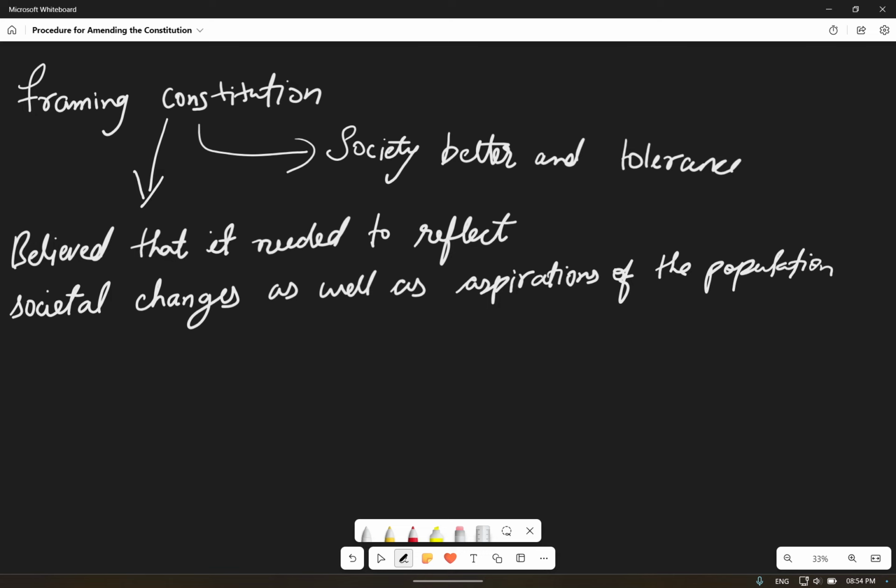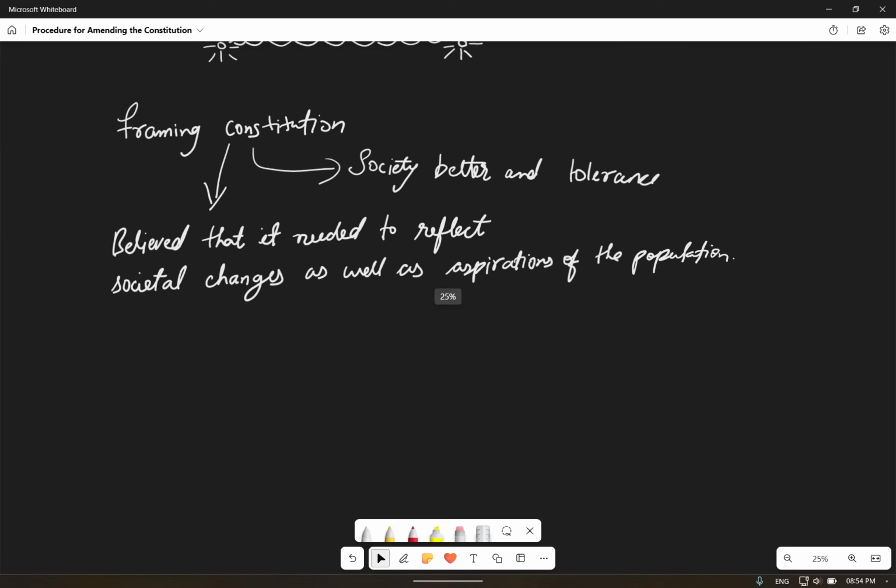They had a belief that as society changes and the aspirations of the population change, that kind of provision should also be there in the constitution.